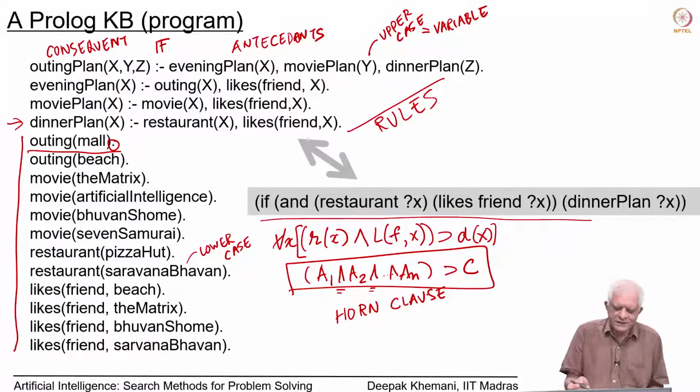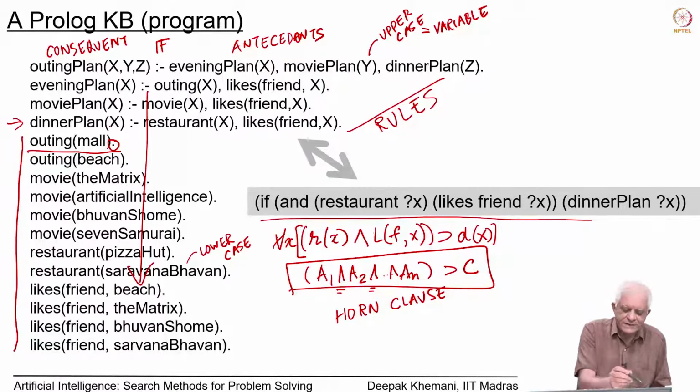The consequence can be empty. Which is also a rationale for writing the consequent followed by the antecedent, because you are going down this list here and trying to ask this question, is this true, is this true, is this true, and so on essentially. So, the way Prolog does depth first search is that it starts by asking a question, that is there an outing plan x, y, z, where x is an evening plan and so on and so forth.